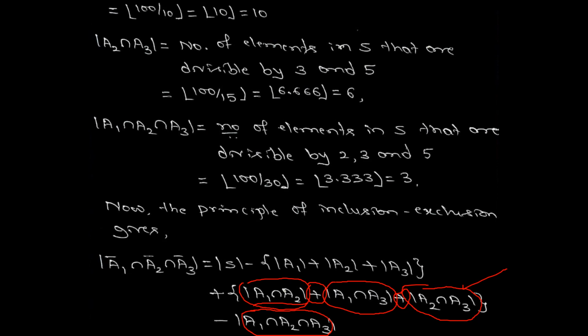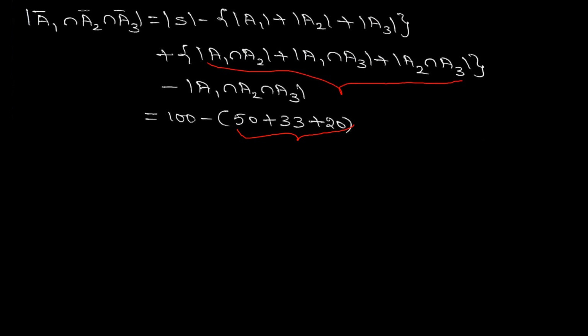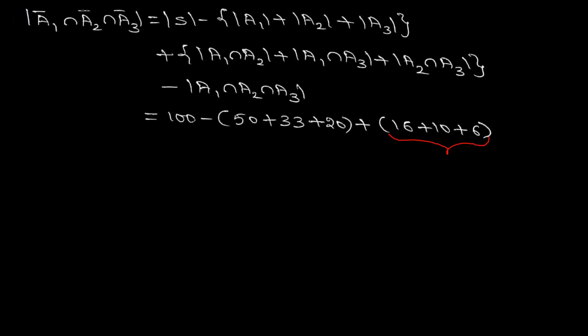Now let us substitute all these required quantities in this formula. Cardinality of S is 100, we have substituted. Now let us substitute all these three. Yes, we have substituted here. Then let us substitute these three. We have put here. And now minus the cardinality of intersection of all three is minus 3, we have put here.